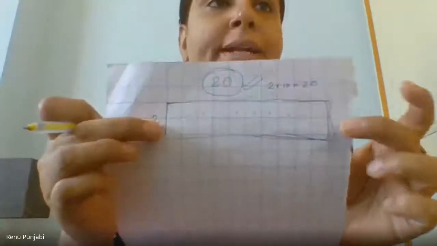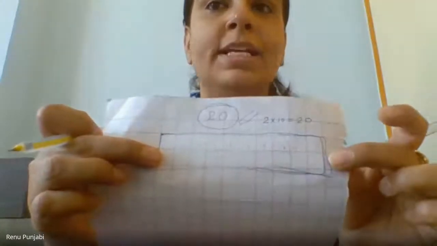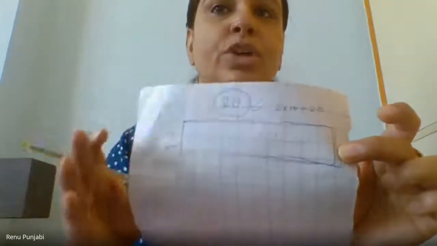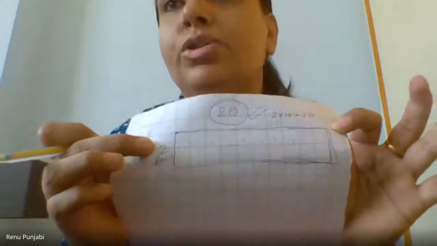When I close this box and count all the boxes inside these 2 rows and 10 columns, you will be able to see that there are 20 small boxes covered. It means I have given a seat to each and every child. So 2 into 10 is also 20.